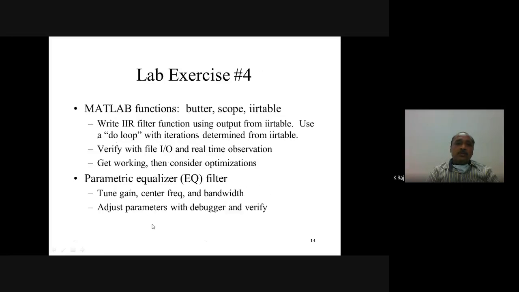If there is a need for repetition, naturally we can repeat this. For the purpose of designing, we can use the different MATLAB functions available for Butterworth, Chebyshev, and elliptic filters. We can use the IIR table.